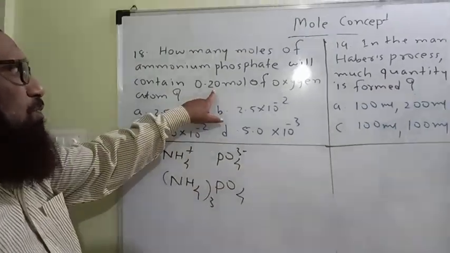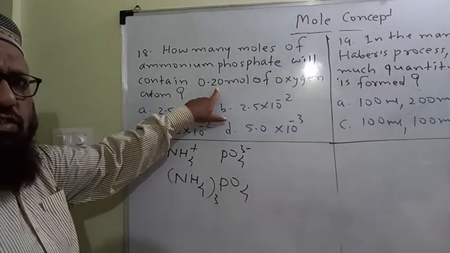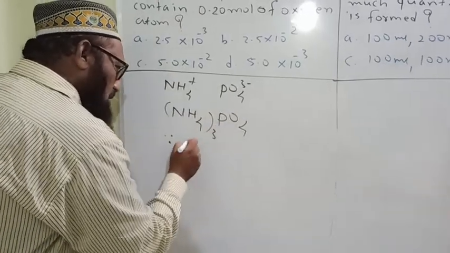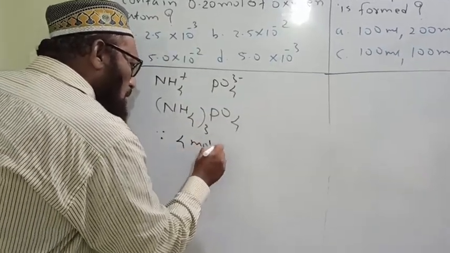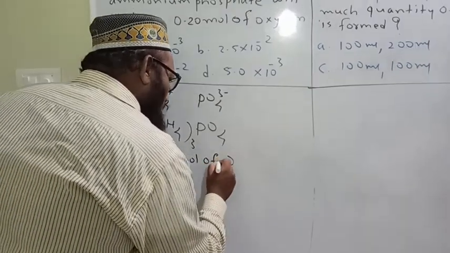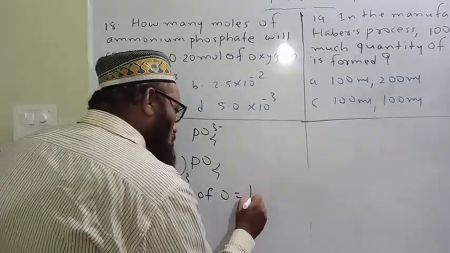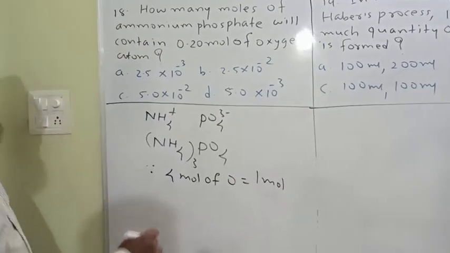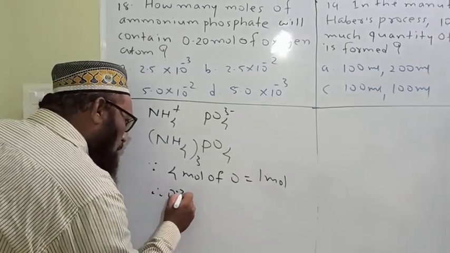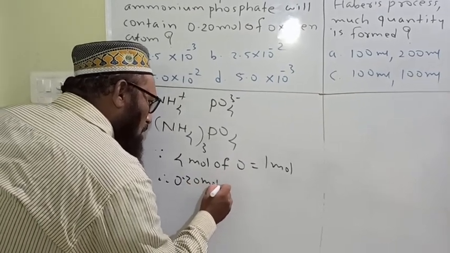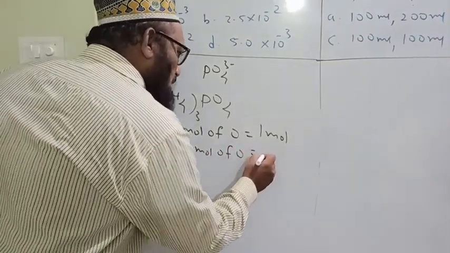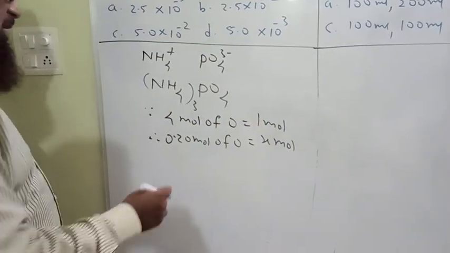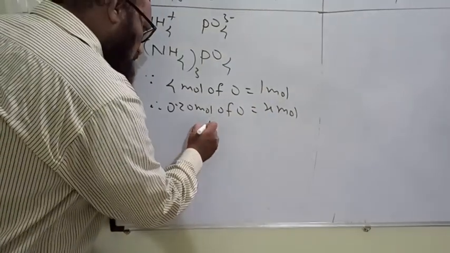Then in the numerical, 0.20 mole of oxygen is given. Very simple calculation. Since 4 moles of oxygen atoms is equal to 1 mole of ammonium phosphate, therefore 0.20 mole of oxygen atoms is equal to x mole of ammonium phosphate. Then let us do the calculation.